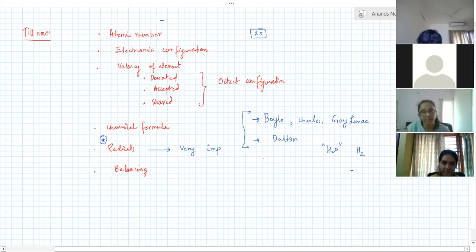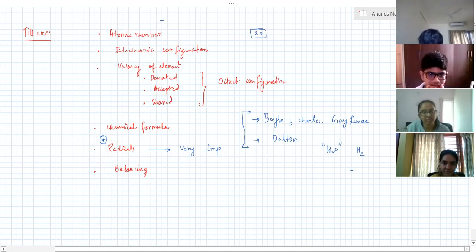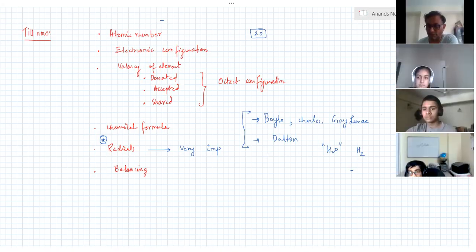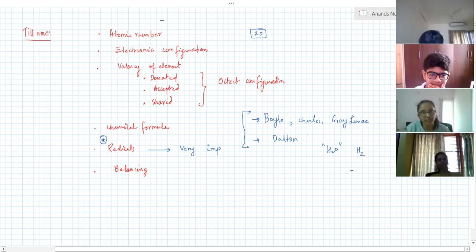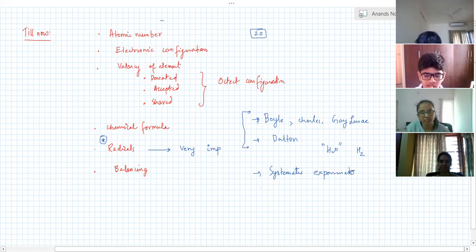Having said that, though I have made a small fun of the scientists and we have patted ourselves on the back, the thing is that without their systematic experiments and findings, and converting these findings into laws and then creating a knowledge base, none of this would have happened.